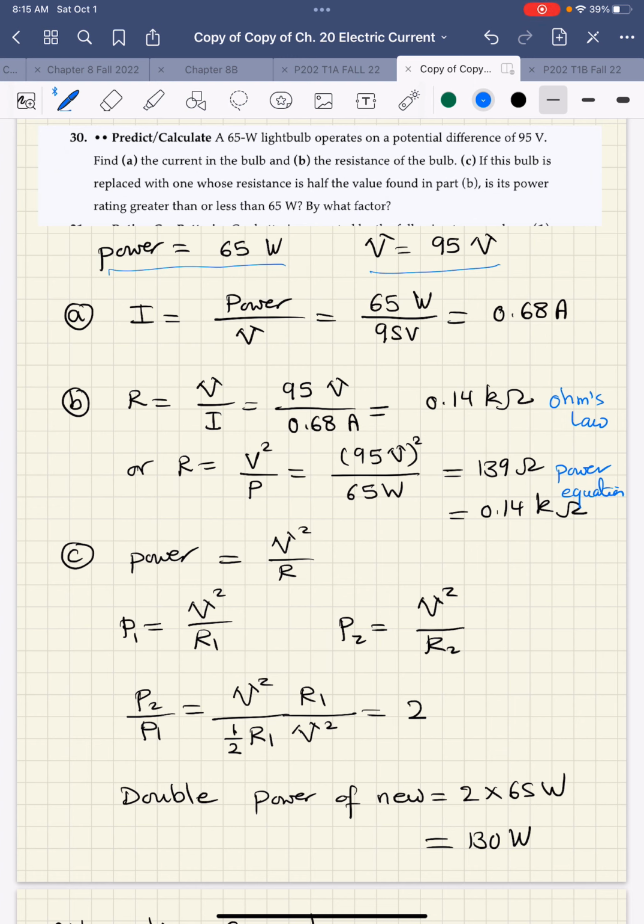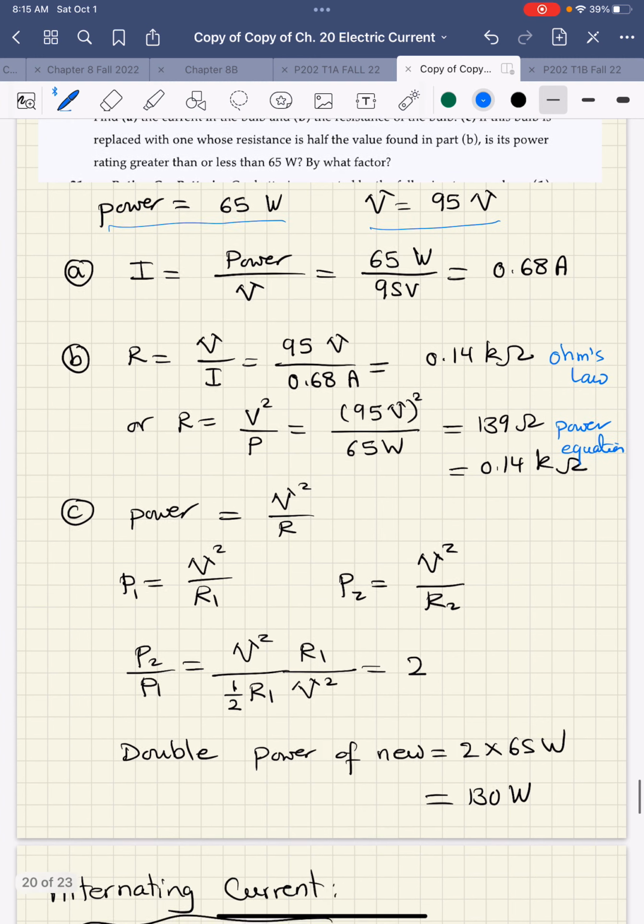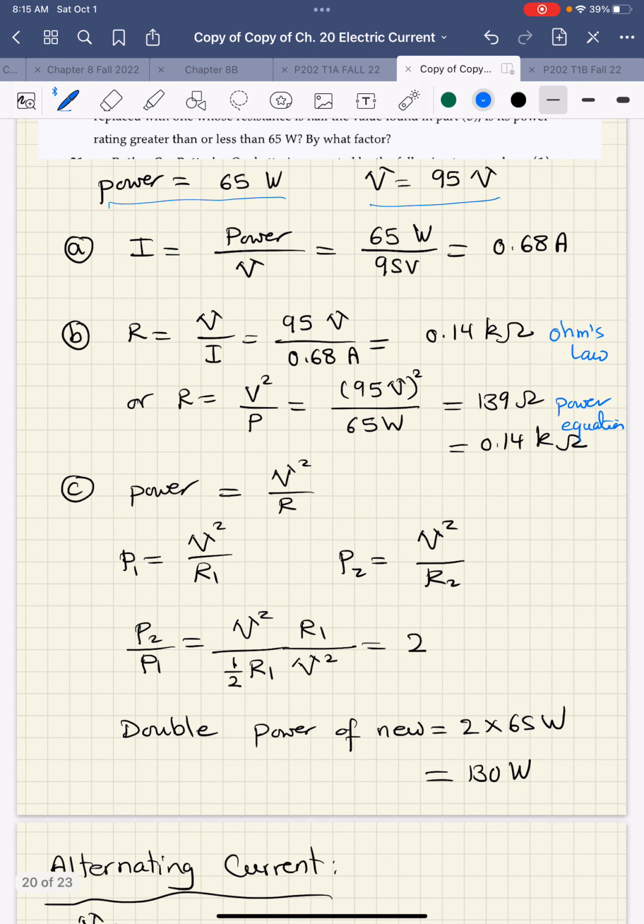Now, part B: if the bulb is replaced with one whose resistance is half, then I can first create the equation for that bulb. P1 is V squared over R1, and P2 is for the new resistor. And I know that R2 is half of R1.